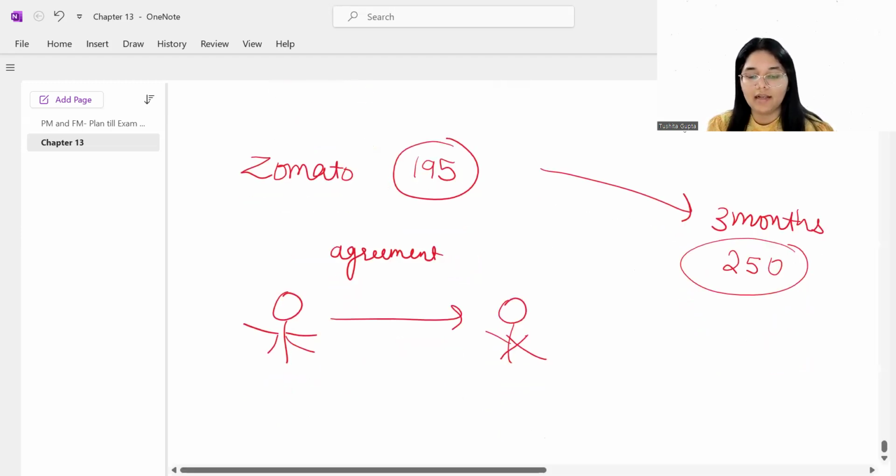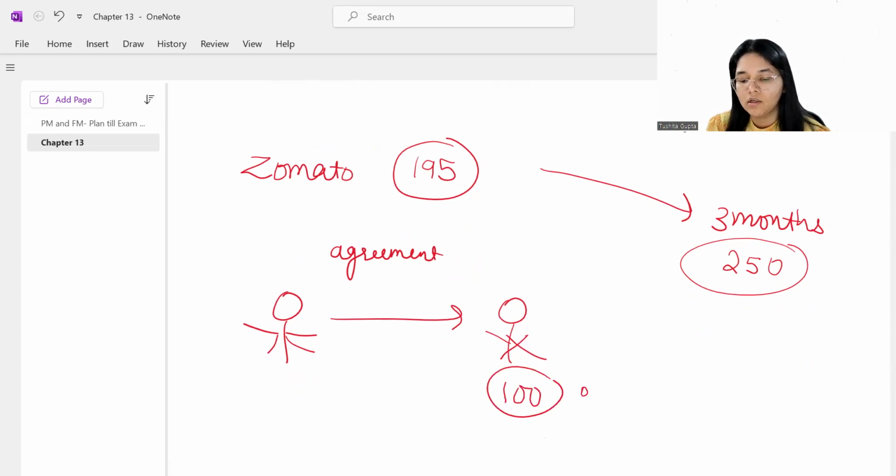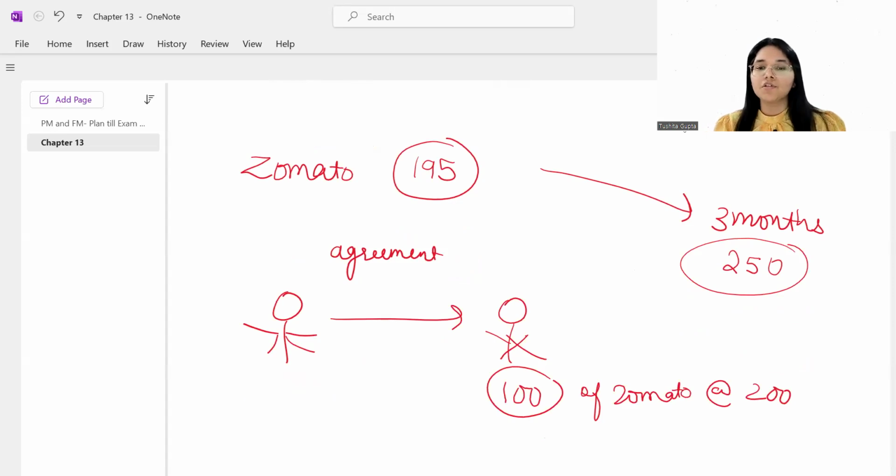You tell him that after 3 months, I'm going to buy 100 shares of Zomato from you at a price of 200. So this person today is making a promise that in the future, on a specified date, exactly 3 months from now, I am going to sell you 100 shares of Zomato at 200 rupees, no matter what the market price is.